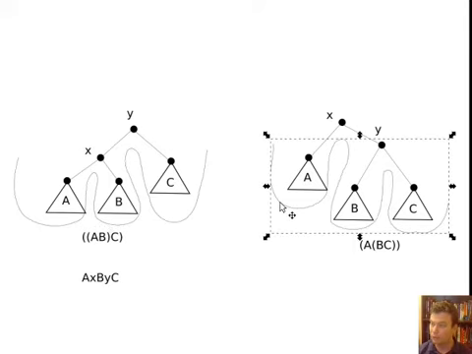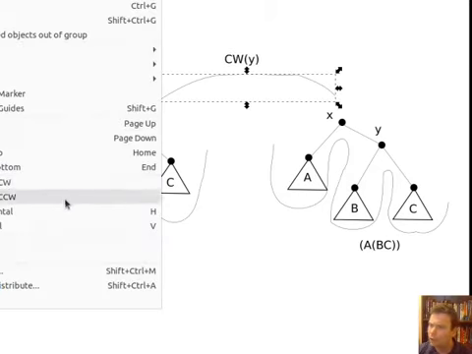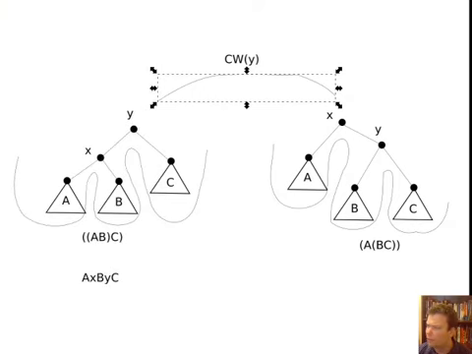All right, so this is called a clockwise rotation about Y. I'll just denote that for now as CWY. Now, I personally don't love this terminology, but that's what people call it, so that's what we're going to call it for now. To me, rotation is a weird word in this context.